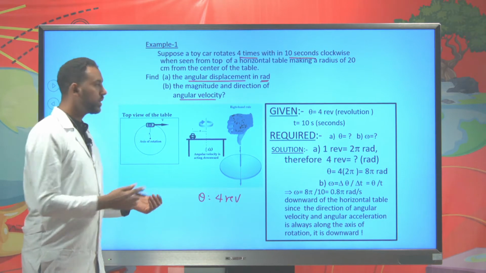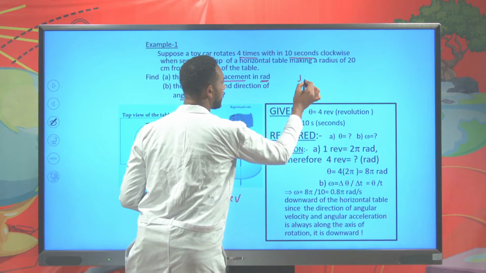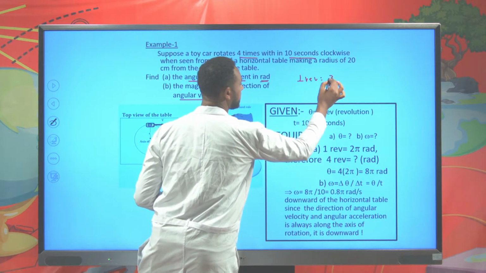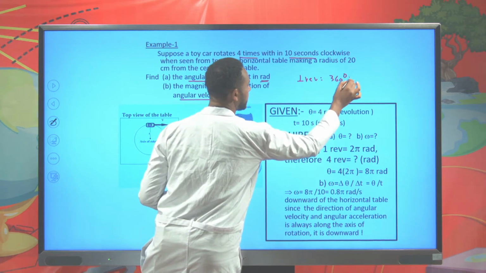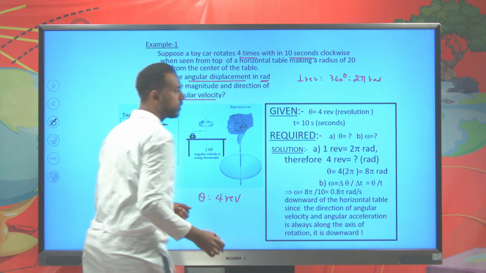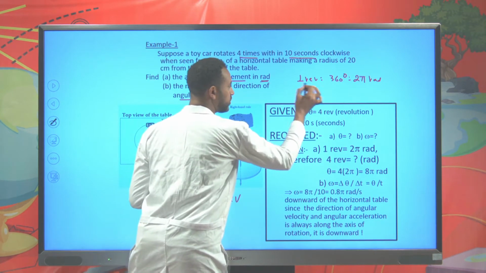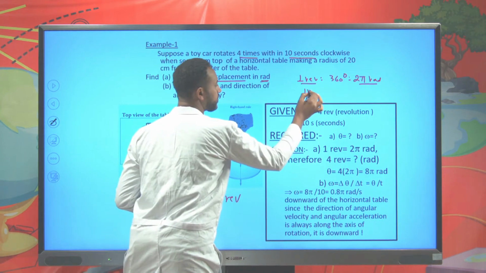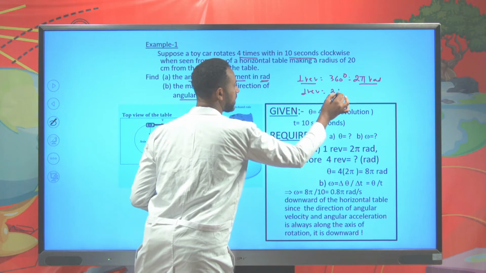And we know that one revolution is equal to 360 degrees, and 360 degrees is equal to 2 pi rad. So we need the relation between the revolution and the rad. Therefore, one revolution is equal to 2 pi rad.